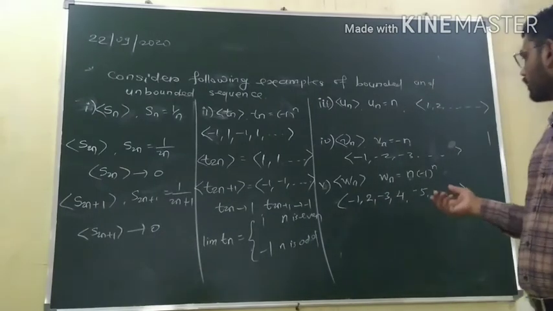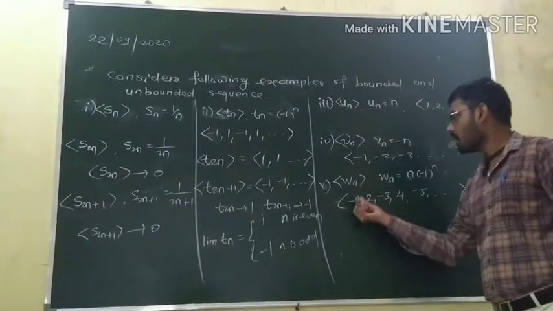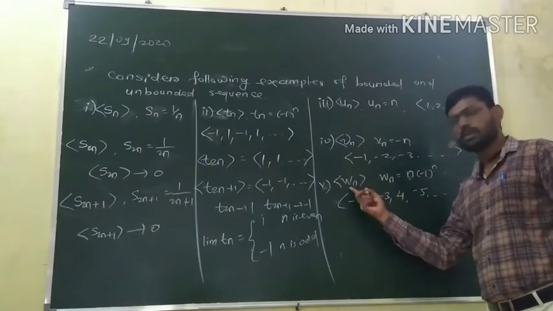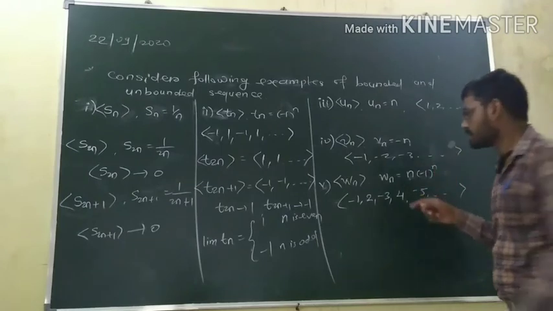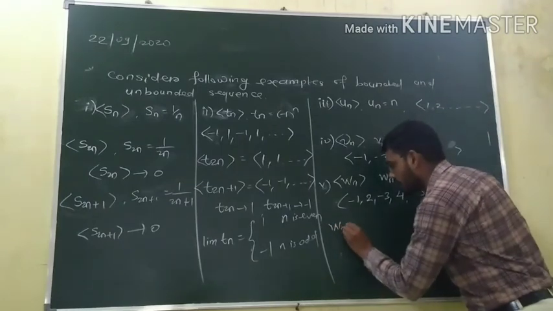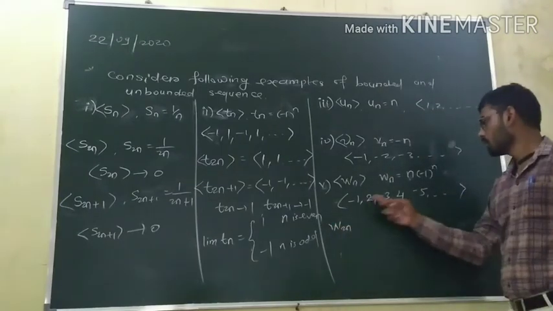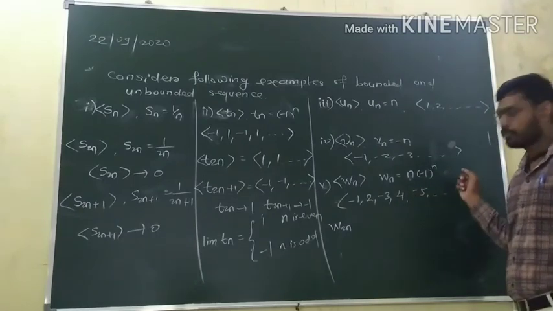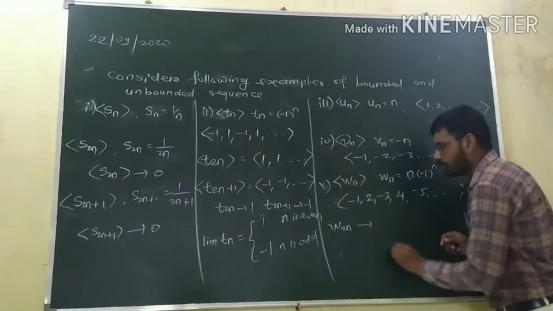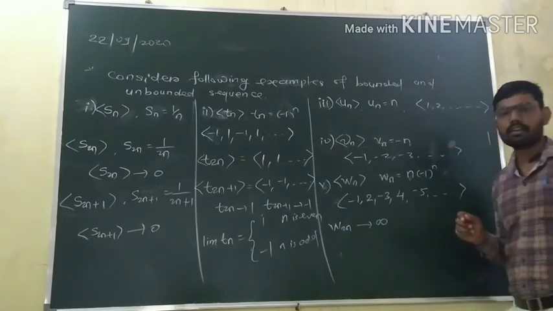See here, if we take the subsequence of even positions, 2, 4, 6, and so on, the subsequence W2n is 2, 4, 6, and so on. They are not bounded and tend to infinity. So W2n tends to infinity.